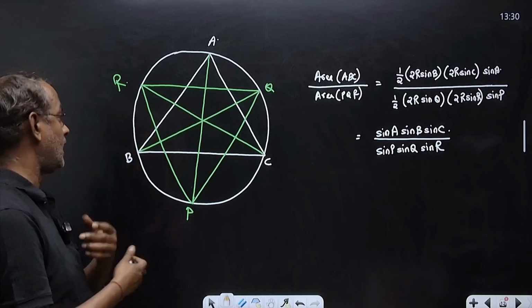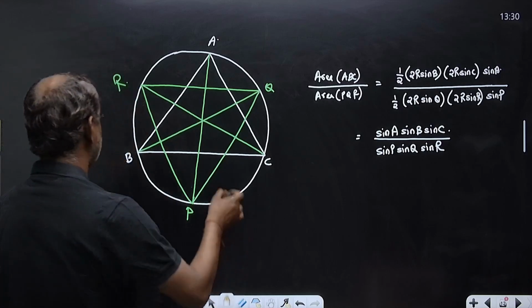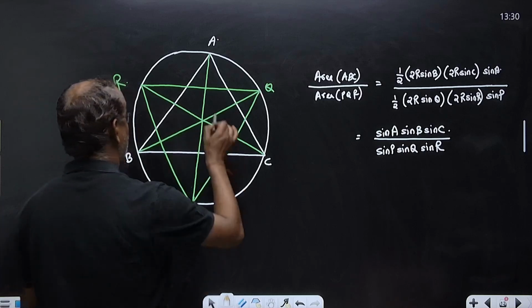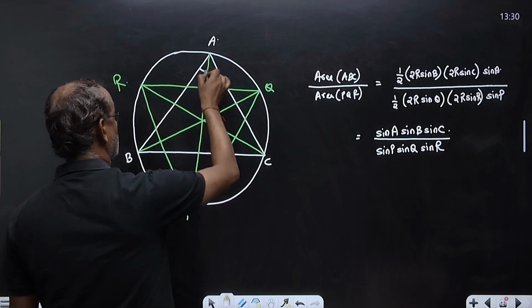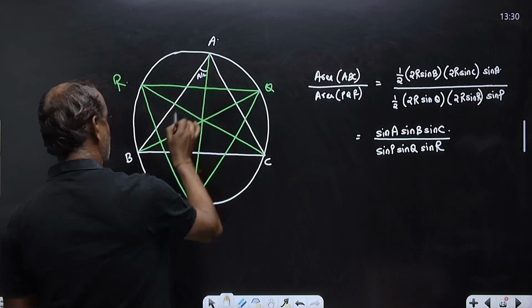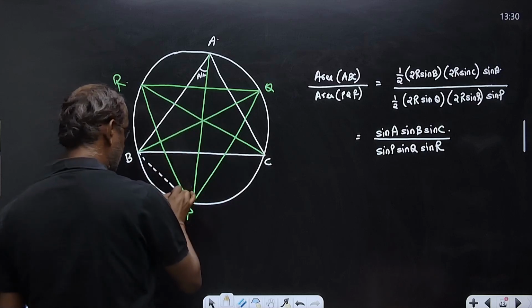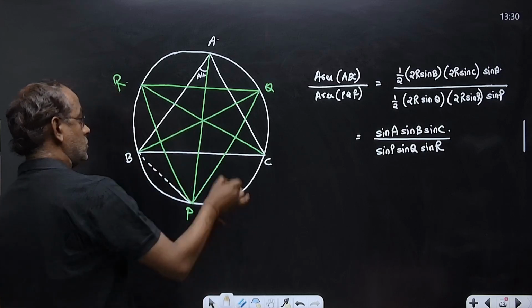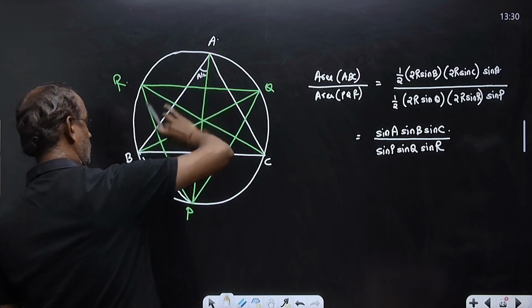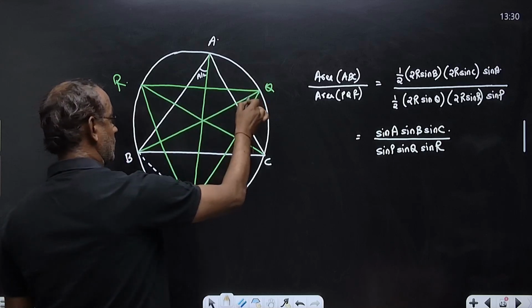Now we just have to find the angles of this triangle. This is the angle bisector, this is A by 2. Angles in the same segment are equal. So if this is A by 2, this will be A by 2.